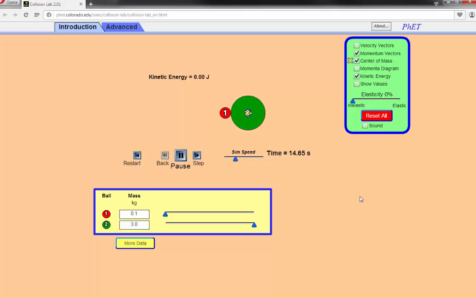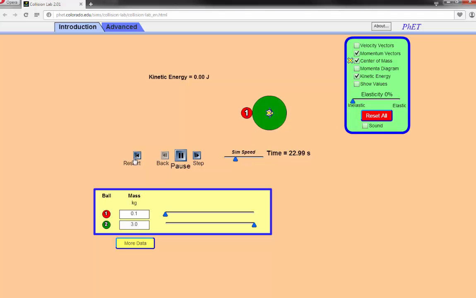So 60 grams is 6 times 10 to the minus 2 kilograms. So that's 26 orders of magnitude difference in the mass between the rubber bouncy ball and the earth. So the earth isn't really going to move very much when the rubber ball hits it. And that means that at 0% elasticity, the rubber ball more or less hits the ground and stops.